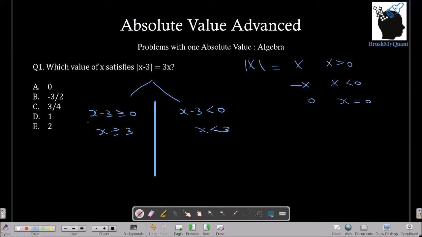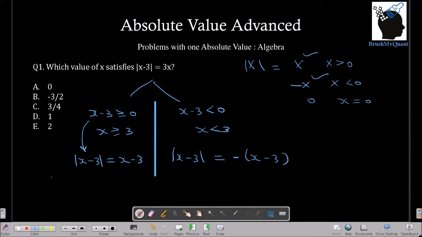Now in the first case, since whatever is inside the absolute value is greater than or equal to 0, I can directly open the absolute value as x minus 3 using the first rule. And in the second case, we know that whatever is inside the absolute value is negative. So we are going to open it as minus of (x minus 3) by using the second rule.